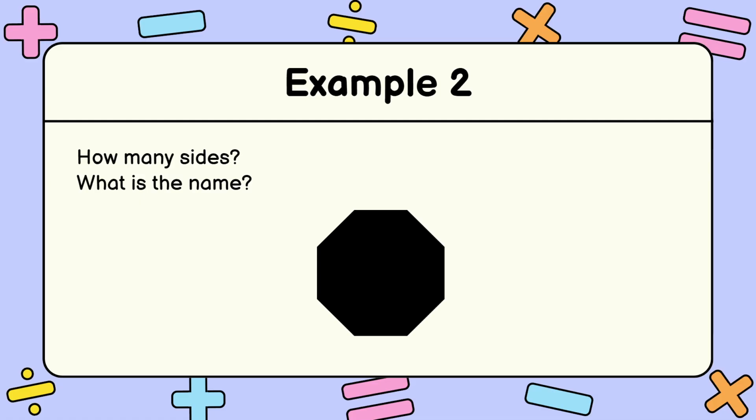Once we have identified the number of sides, we can determine the name of the shape. Remember, each shape has a unique name based on its sides. For instance, a shape with 4 sides is called a quadrilateral. Feel free to shout out if you recognize this shape.